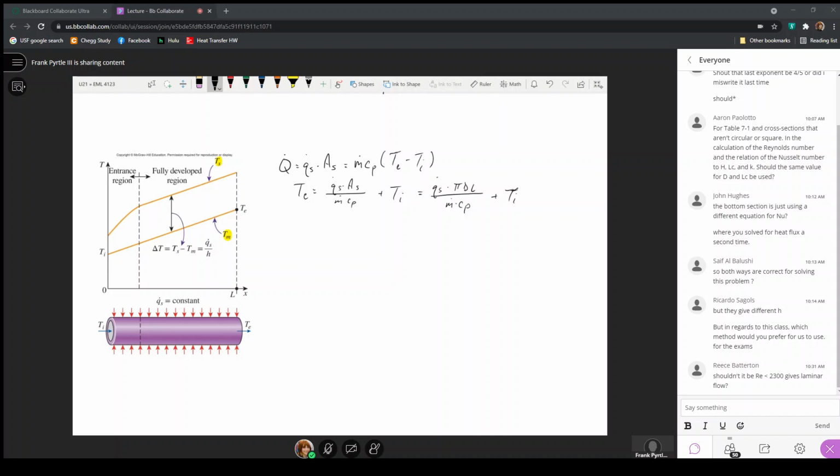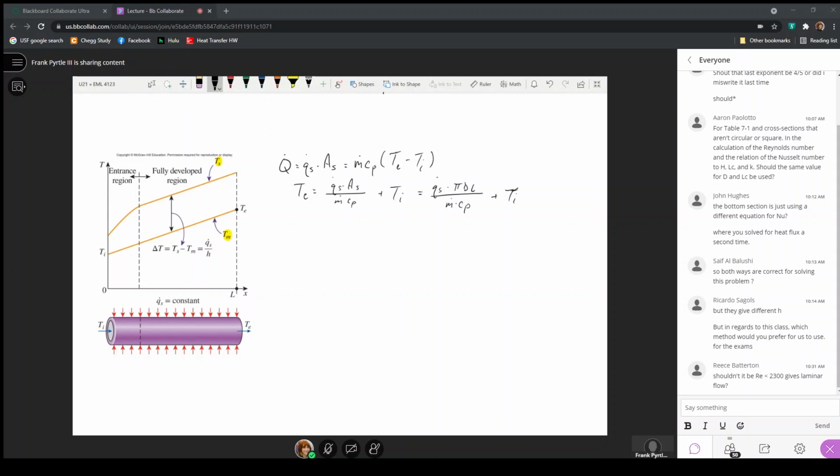So the position for the definition of the heat flux is critical in these problems, in that the heat flux must be multiplied by the surface area over which it's applied. So if the heat flux is on the outside, the area is the outside. If the heat flux is on the inside, then we have to define the area on the inside of the pipe.